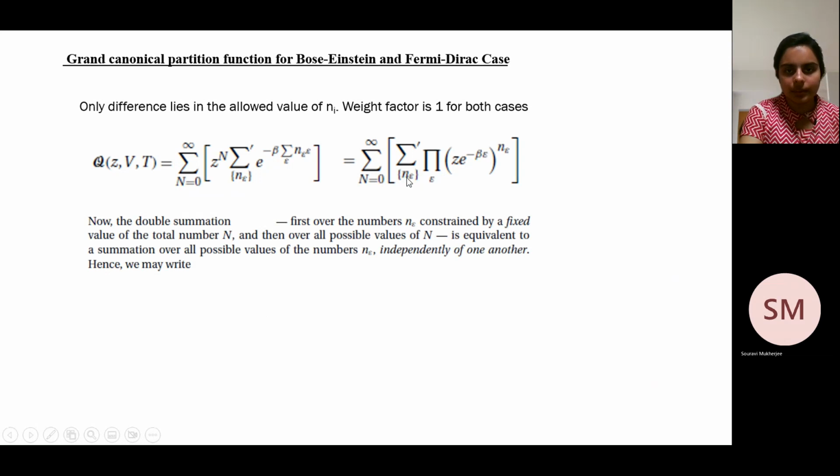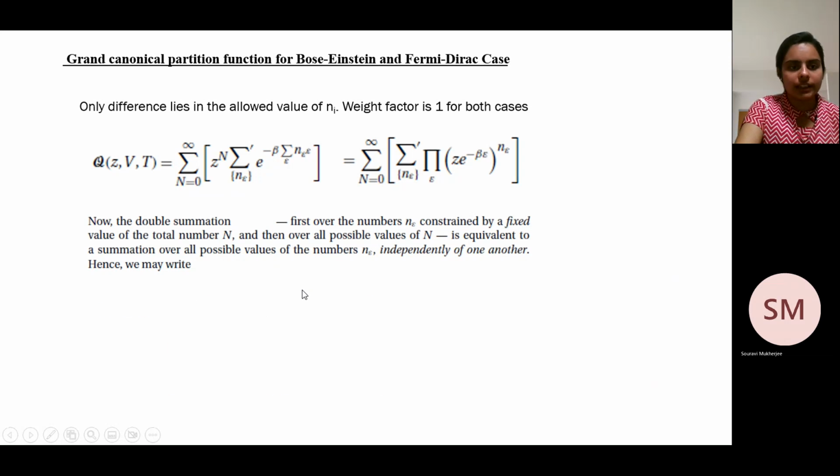So this double summation that we see here has a summation over the n epsilon constrained by some fixed value of n. And then we consider that even n can be varied because now it's a grand canonical ensemble, right? So that can be equivalent to one summation over all possible values of n epsilon, independent of each other.